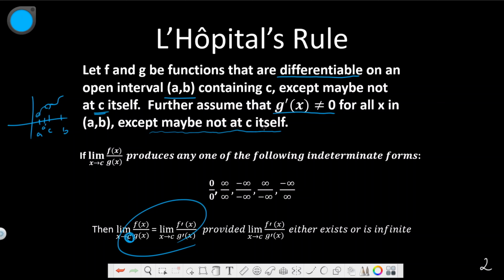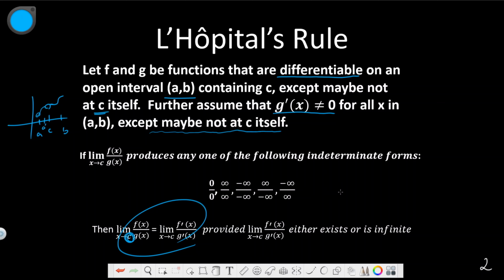There's some more that needs to be true. If the limit of f over g as x approaches c produces any one of the following indeterminate forms: 0 over 0, infinity over infinity, negative infinity over negative infinity, infinity over negative infinity, negative infinity over infinity. If the ratio produces one of these forms, then we can use this rule.